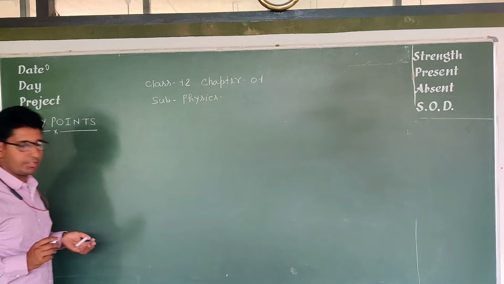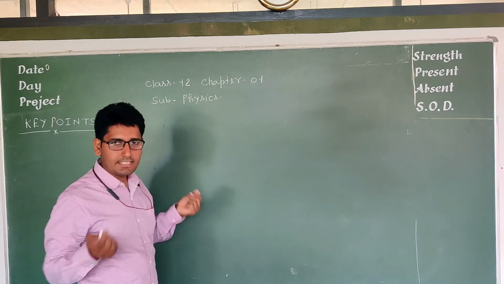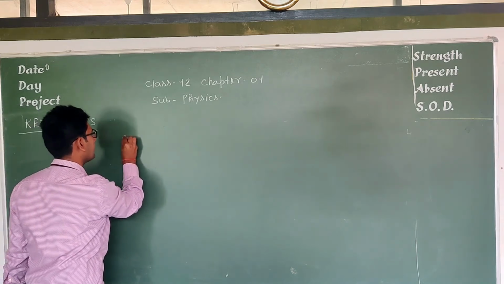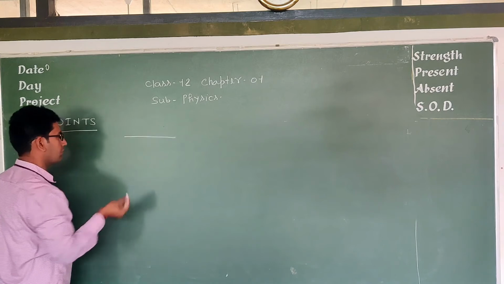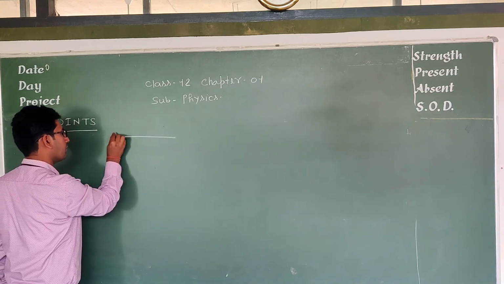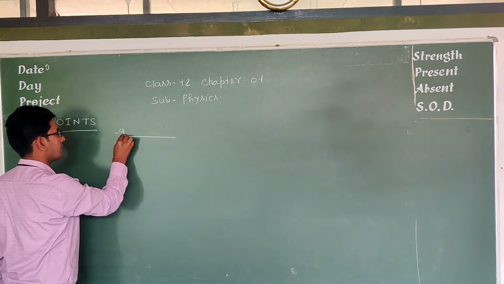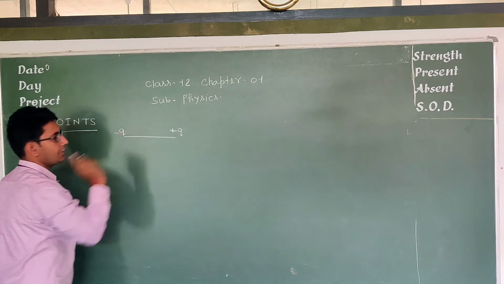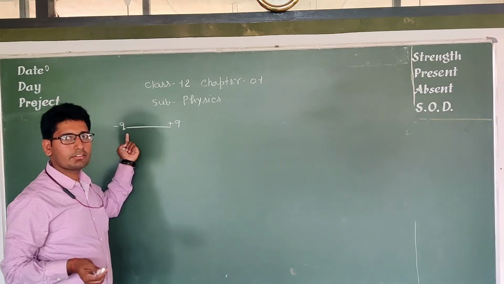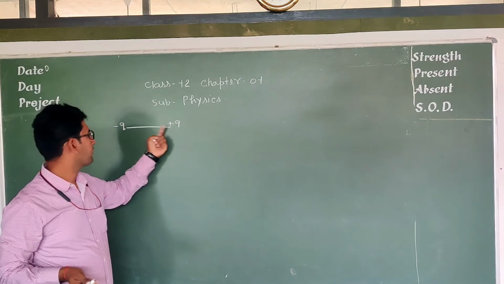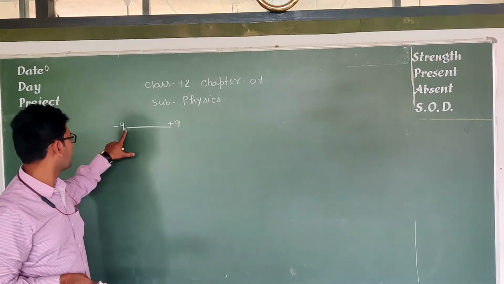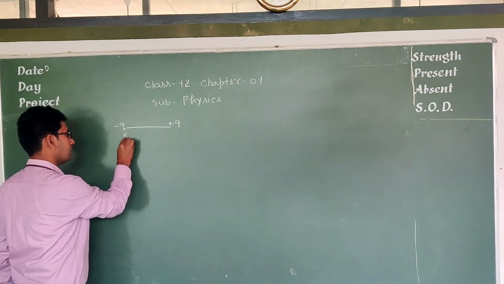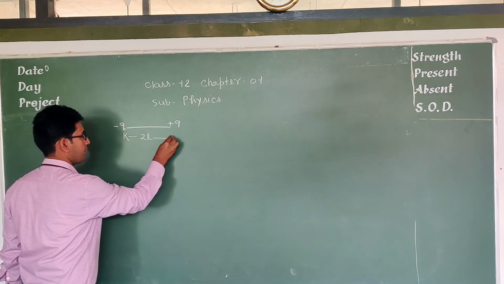So dear student, first we will consider an electric dipole. Electric dipole means it is the combination of two equal and opposite charges. So this is the negative charge and this is the positive charge. This is minus Q and plus Q, and I have already discussed the distance between minus Q and plus Q is always 2L.